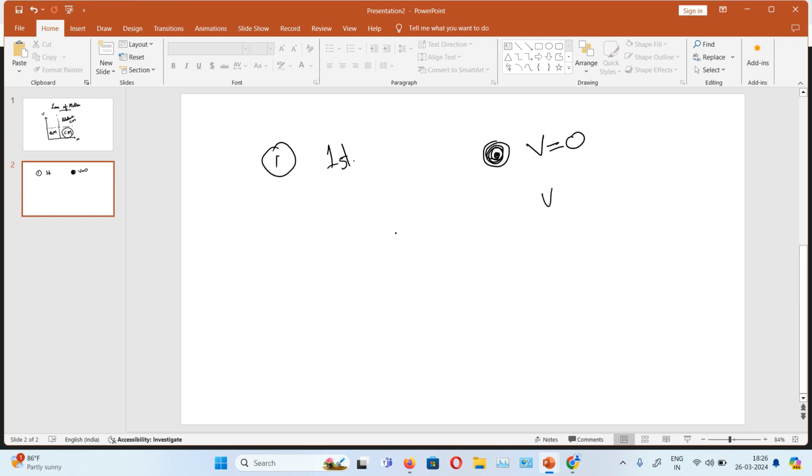Or if v is equal to some v naught, then the body will continue with that velocity in a straight line. So if the body is at rest, it stays at rest, and if it is in motion, it stays continuously in motion. This is called the law of inertia, or Newton's first law of motion.